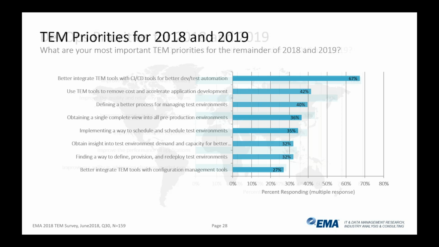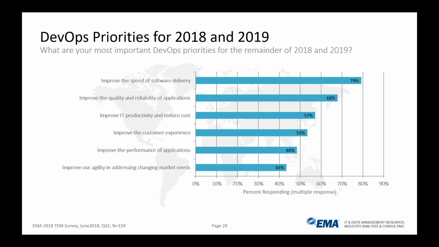Okay, so next we asked about DevOps priorities for later this year and across 2019. And right here at the top of the list was improving the speed of software delivery. And while our quantitative analysis clearly shows that TEM tools improve software delivery time and quality, I suspect that a more rigorous approach to DevOps QA would also see additional TEM speed benefits.